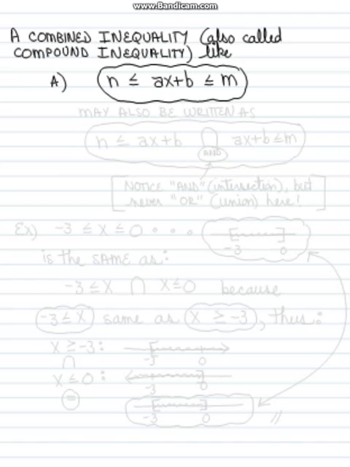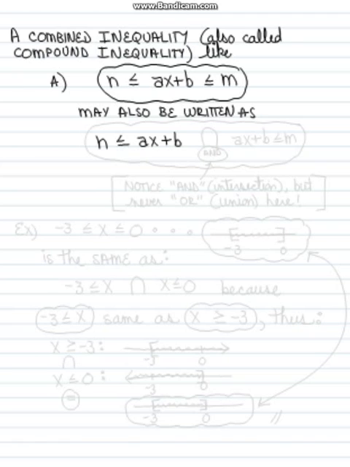Well, the thing I want to tell you here is that this expression may also be written as the intersection of two parts, and those parts are n less than or equal to ax plus b. And of course, you can look at the inequality and see that's true. n is less than or equal to ax plus b.